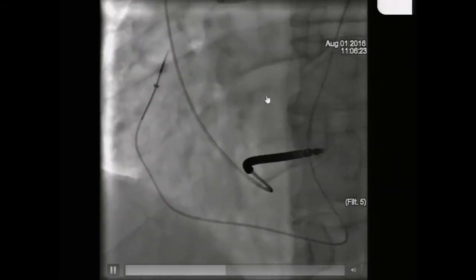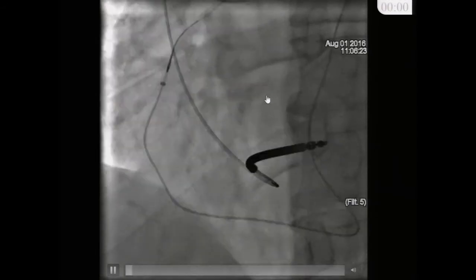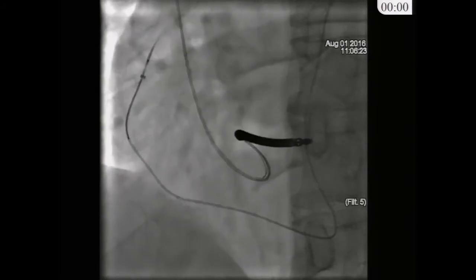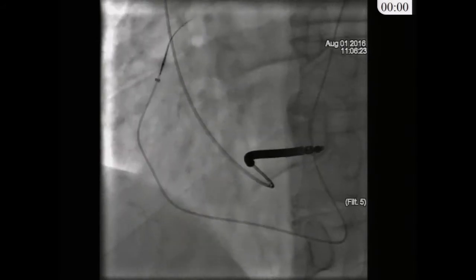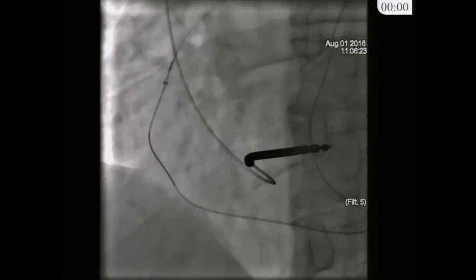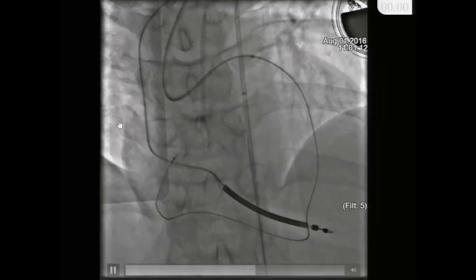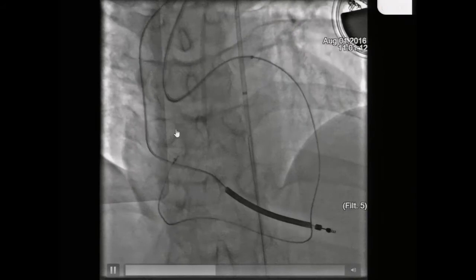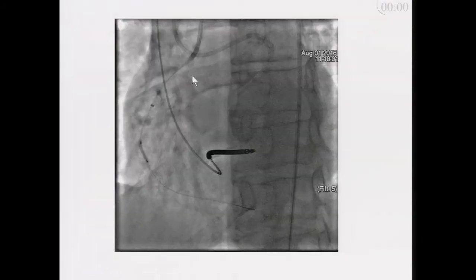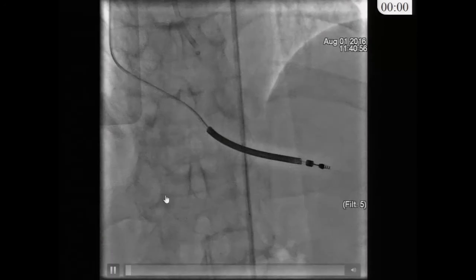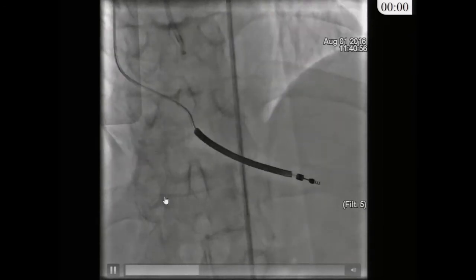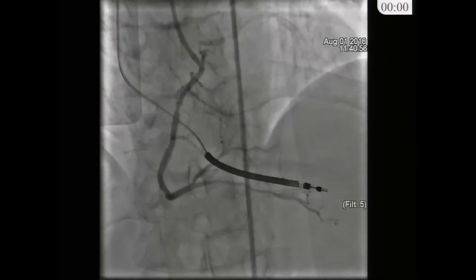So this is very feasible to do. It is not a challenge because the catheter is inside the Guideliner. It's kind of fixed, so it's not that difficult to cannulate that. And then after that, we go antegrade all the way here, remove the catheter, and balloon the whole thing. And this is the final injection after we open.